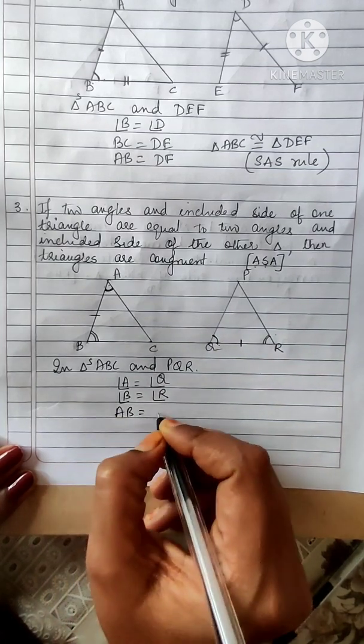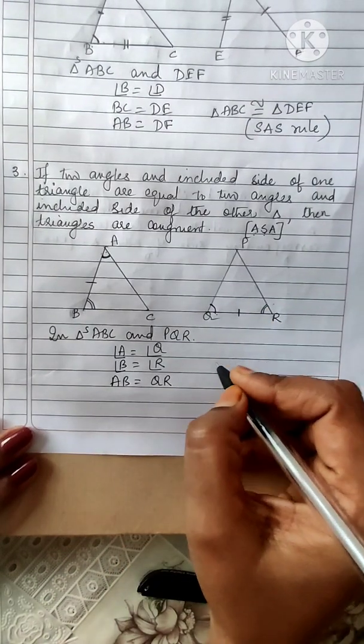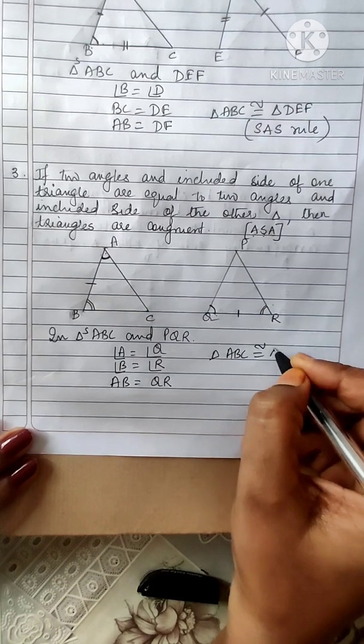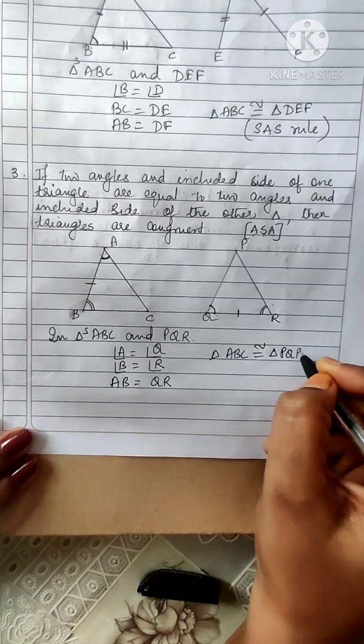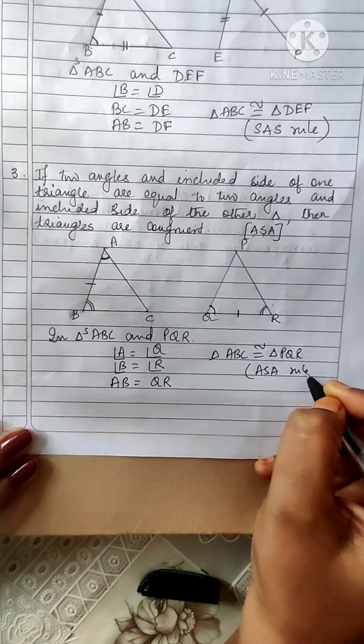AB will be equal to QR. So triangle ABC will be congruent to triangle PQR by ASA rule.